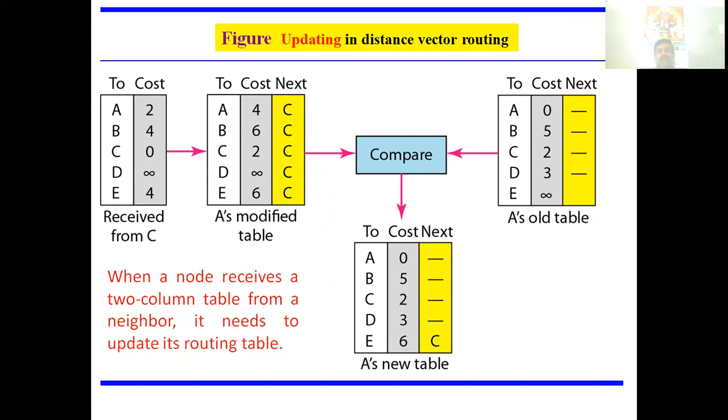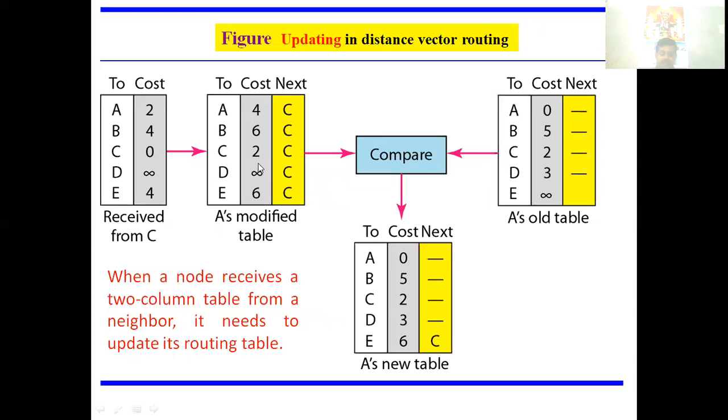Now, A to C, what is the distance? 2. So that 2 is added here. 2 plus 2, 4. 4 plus 2, 6. 0 plus 2, 2. 2 plus infinity is infinity, so we are putting infinity. Again, 4 plus 2 is 6.